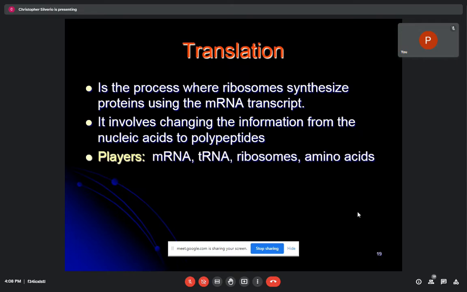When you are talking of polypeptides, this is a chain of amino acids. The key players in translation are the messenger RNA, the transfer RNA, the ribosomes, and the amino acids.